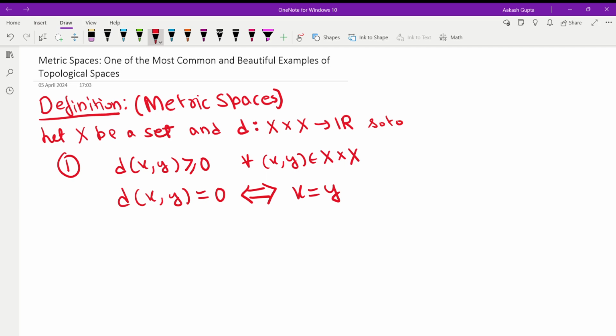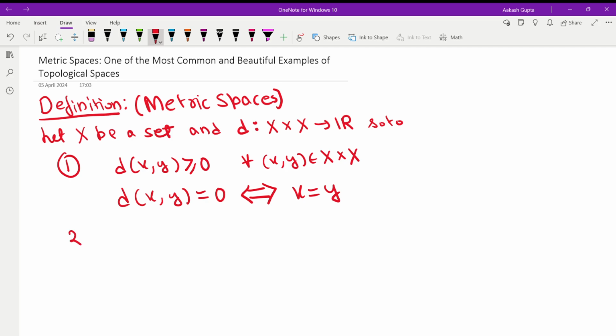So if you see, this is motivated from the usual distance. Distance is a quantity which is non-negative, right? And we know that if the distance between two points, you can think of the distance in R3 or R4 or R, whatever, if you have two equal points, of course their distance would be 0, and if the distance is 0, the points are equal.